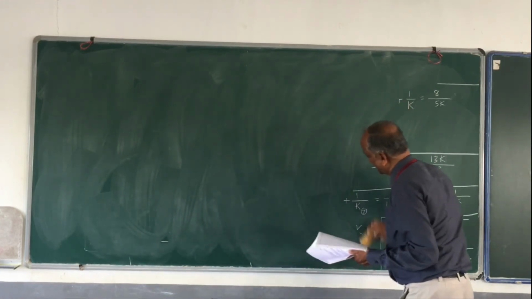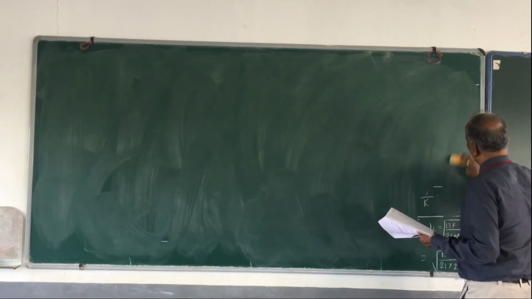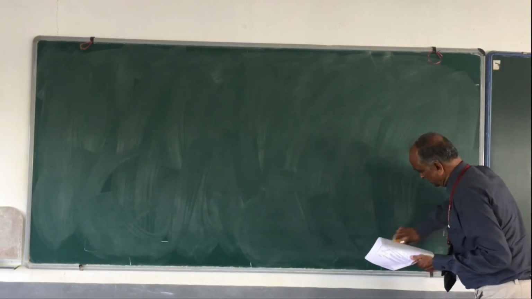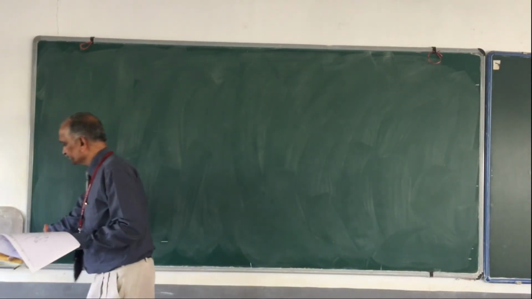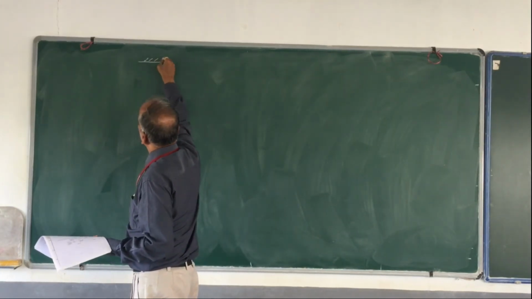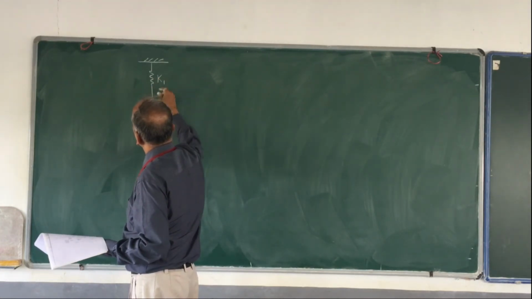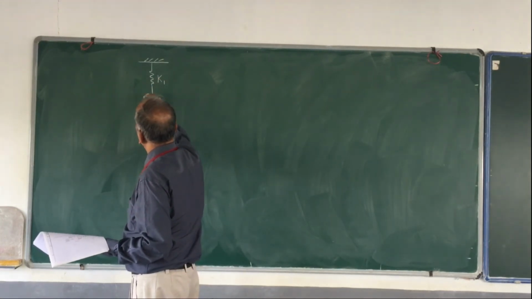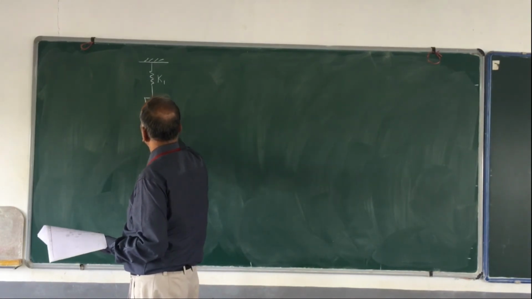This kind of spring combination you may have in many possible ways. Suppose you have one arrangement like this: this is K1, and you have a mass here, and this is K2.